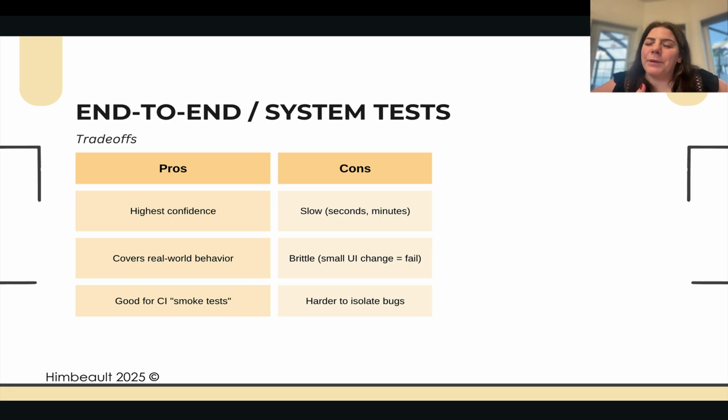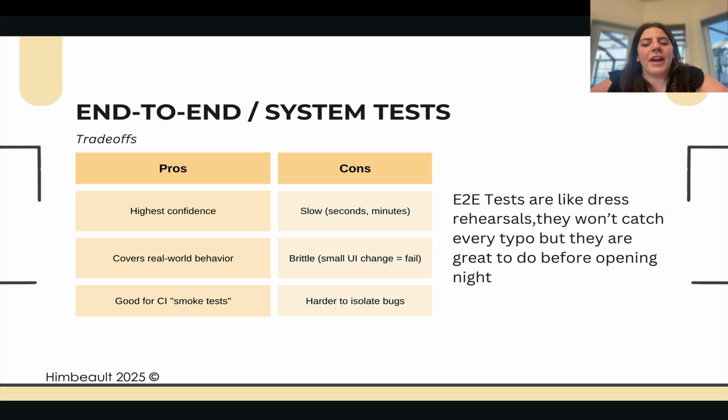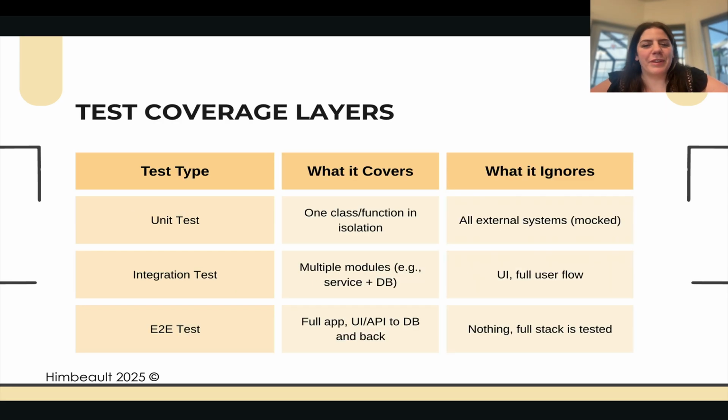So it does make it a little bit trickier for us to debug our own code and find where things went wrong. You can think of these end-to-end or system tests as a bit like a dress rehearsal. If you or a sibling or somebody you know does any kind of performance-based art, right? They may not catch every single possible error that could go on, but they are still great to do before we get going, before opening night.